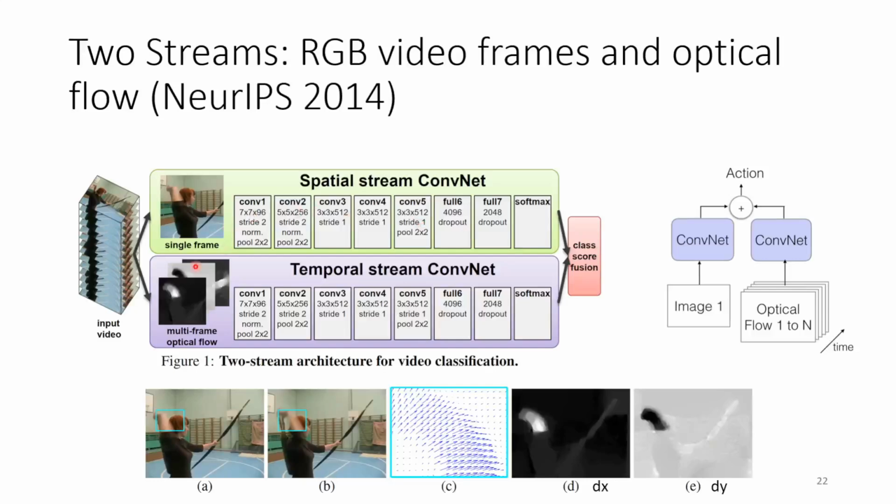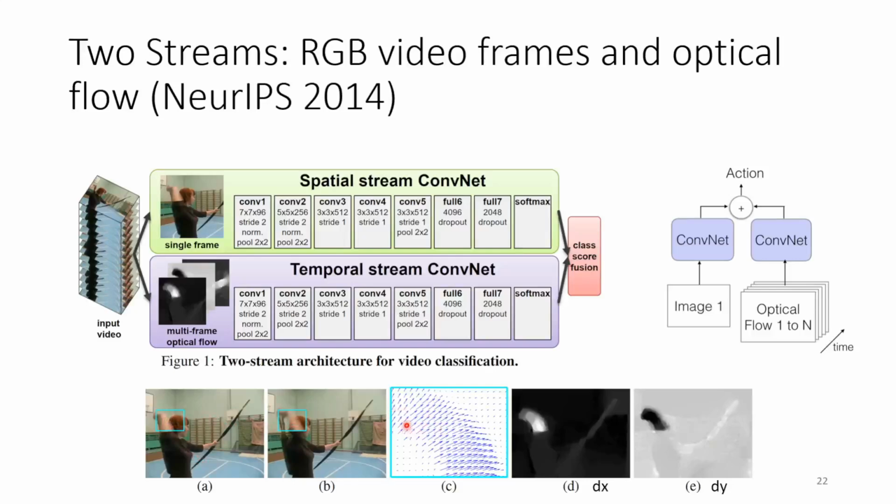Second, because it is a sequence of frames, you can have the movement between every two consecutive frames. That is called optical flow. For example, this is the first frame and this is the second frame. Then for every pixel in the first frame, it will move to somewhere in the second frame.